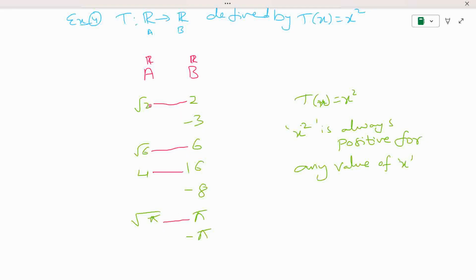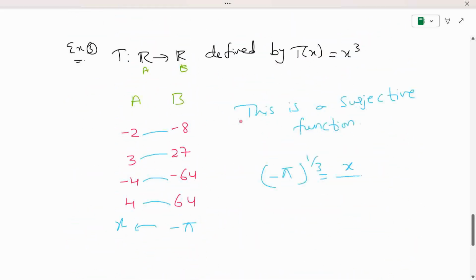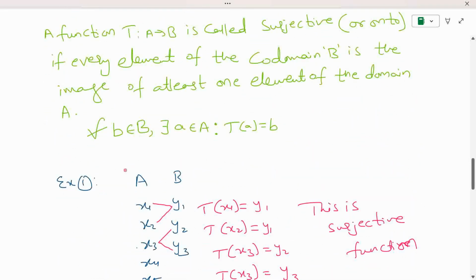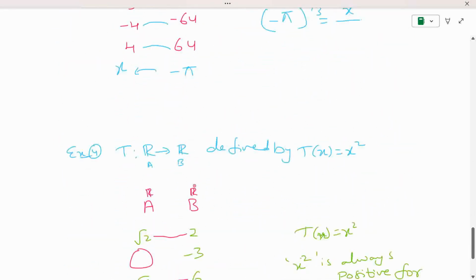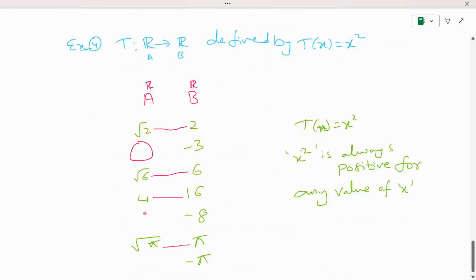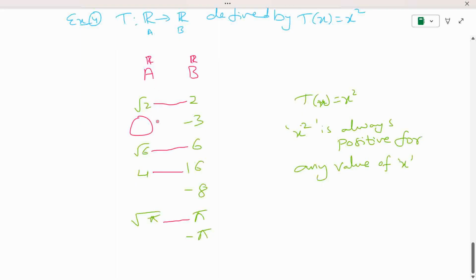But you don't have any element in A to map to -3. As per our definition, for every element b in set B there exists a in set A. But for -3, there is no element in set A. Hence, this is not a surjective function.